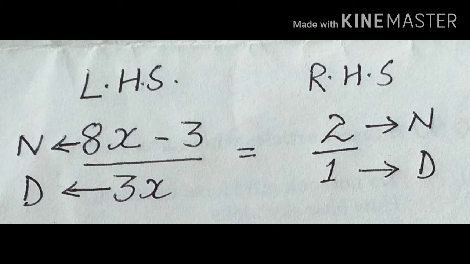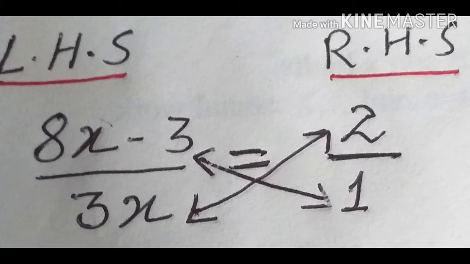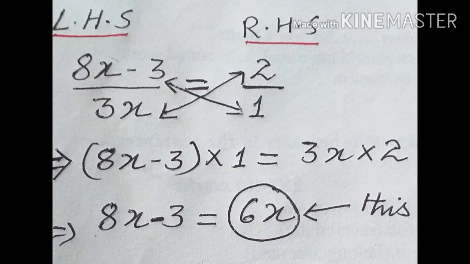So in the next step what we have to do, we all know this, we have to cross multiply. In order to get the value of this x, we have to cross multiply. That means we have to multiply this way. Cross multiply means we have to multiply 8x minus 3 by 1 and 3x by 2.